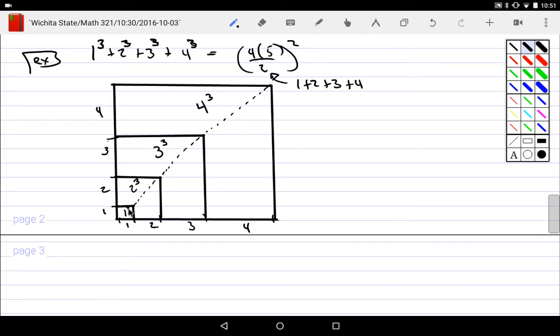It's 1, but that's actually also 1 cubed. So it ends up being that the areas themselves are cubics. The fun part is, how would you show that? And it's not too hard, because what is 1, 2, 3, 4? That's a triangular number, right? So that means this side here is a triangular number, and this side here is also a triangular number. What's every square?